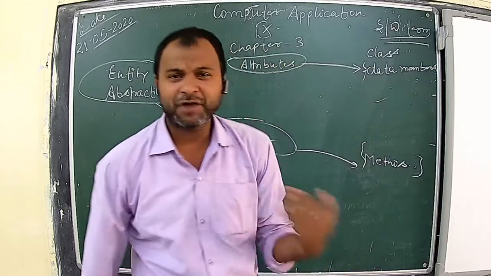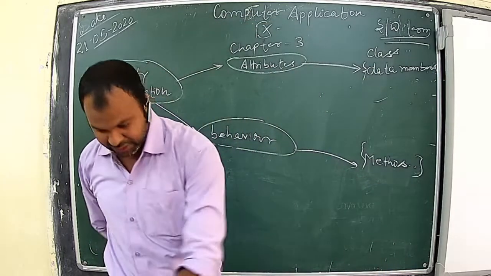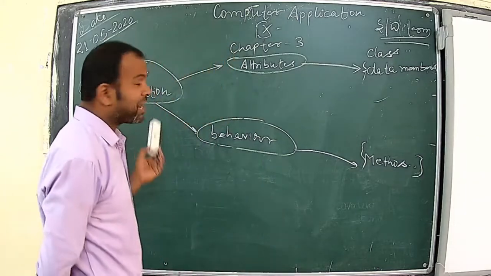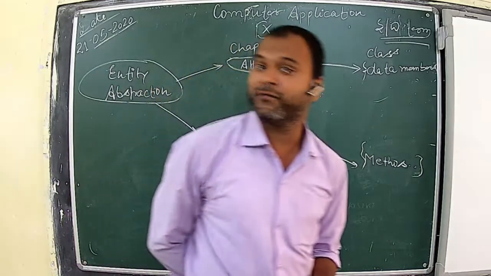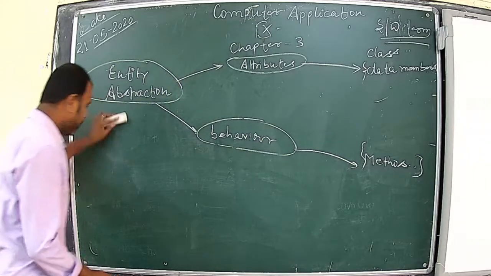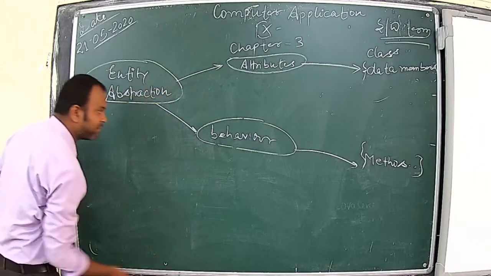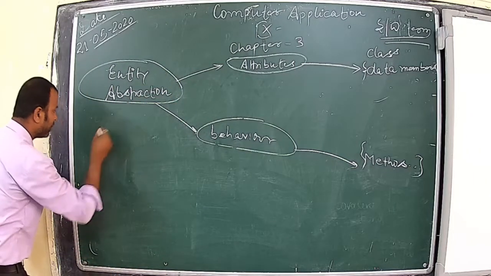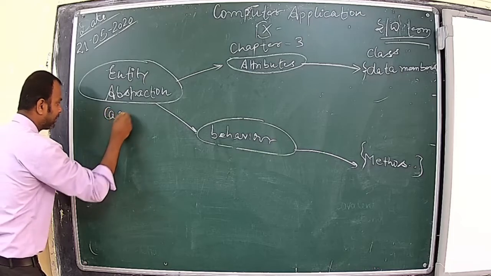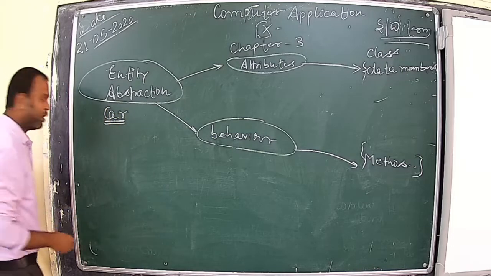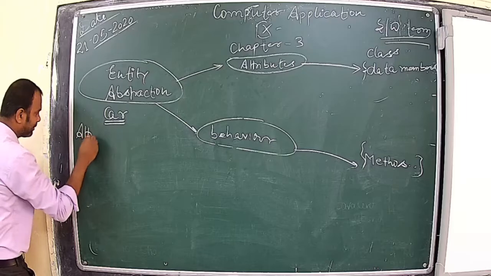So we'll take an example of a real world entity like a car. Let's see how the abstraction of that car is implemented in software terms. Let me write here because this diagram is important. If I talk about a car, what would be the attributes of this car?